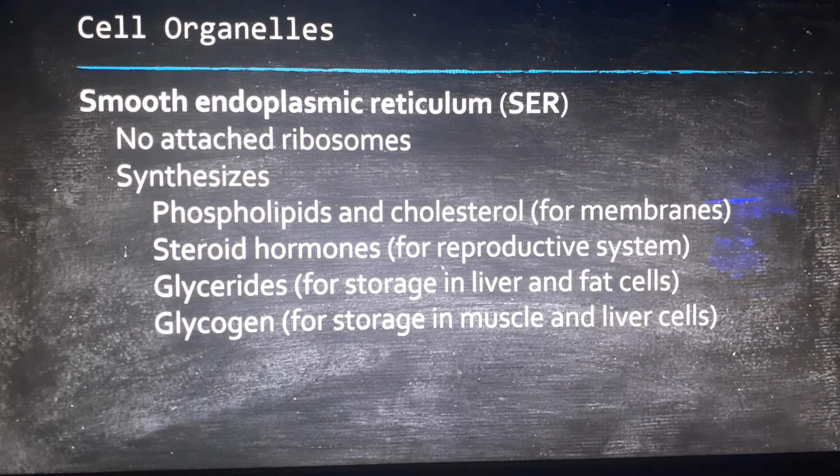Instead, it's going to make the lipids and carbohydrates for the cell. So remember, proteins, lipids, and carbohydrates are the 3 biggies of the macromolecules, along with nucleic acids. The things that the smooth ER makes are phospholipids and cholesterol, steroid hormones, glycerides, and glycogen. So you can see right there, it's the lipids and carbohydrates that are being made by the smooth ER.